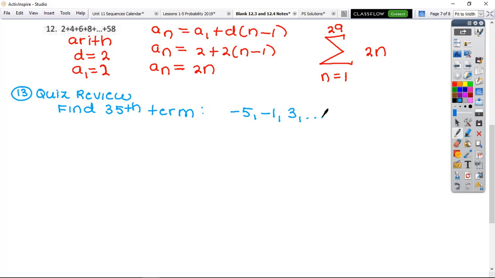So when we started the arithmetic and the geometric. So again, what's this type? Arithmetic, yep. So this is another arithmetic sequence in which you know that your common difference is equal to 4 and your a sub 1 is equal to -5.